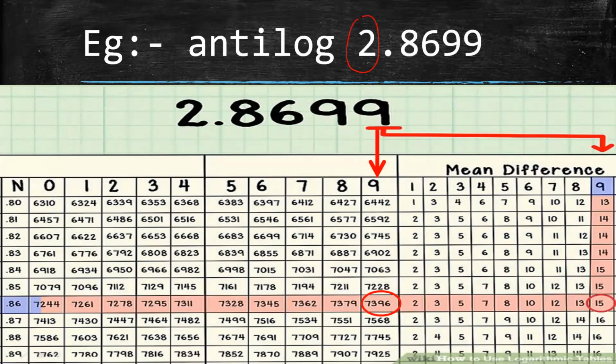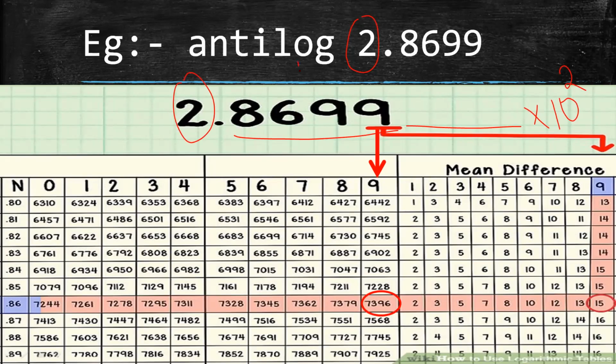How did we write the characteristic in log? We have taken 10's power, right? So while finding the antilog, whatever is coming as the characteristic can be written as 10's power. Here it is 2, right? So the answer for this is going to be some number into 10 raised to 2. Now the mantissa part has to be read from the antilog table.